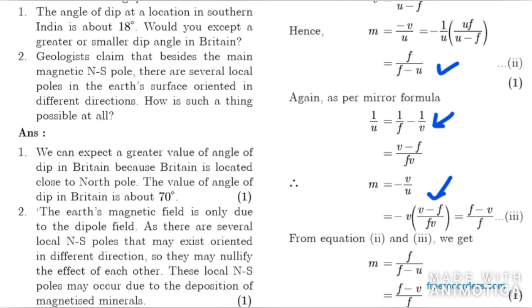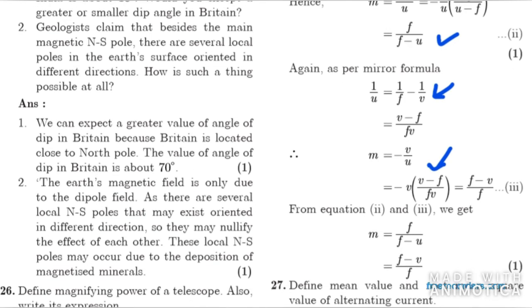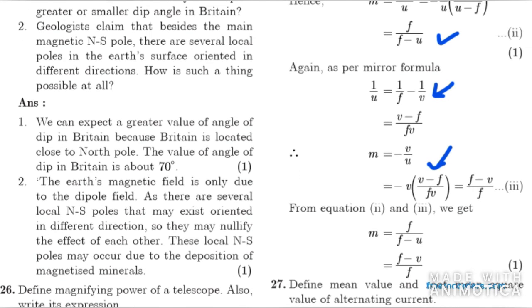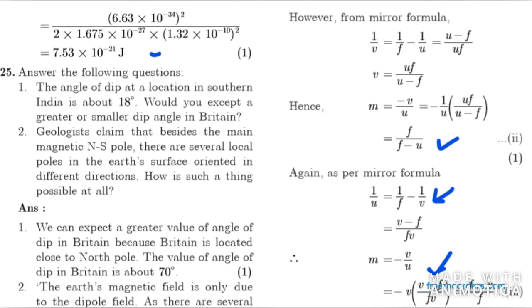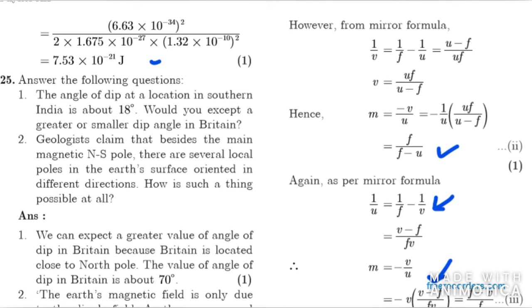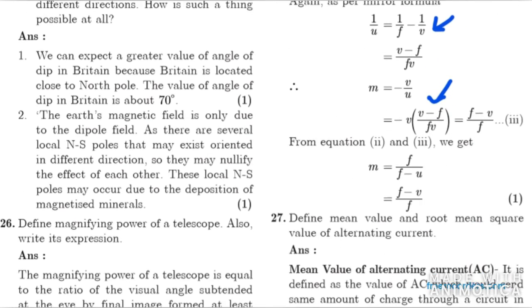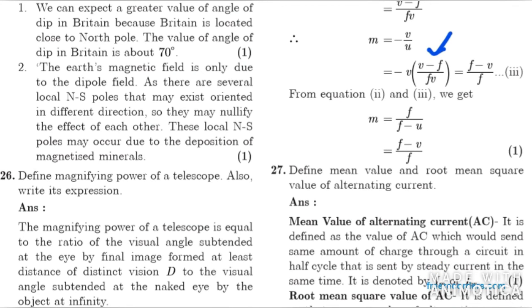Now comparing these both, we get f over f minus u equal to f minus v over f. So in the first, we can get the value of v. In the second one, you can get the value for 1 over u. So putting those equations, you get two different values of magnification. So that's the end of question number 26.